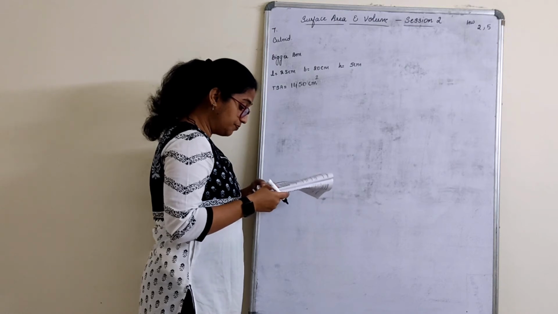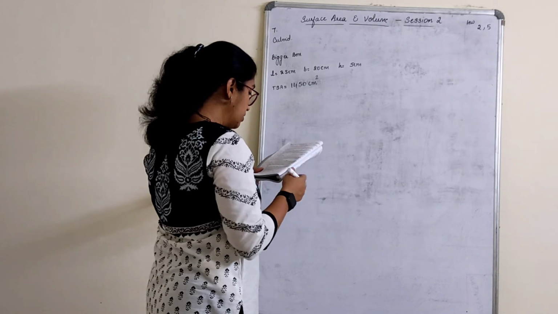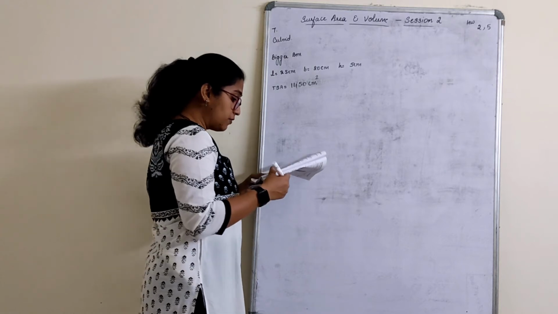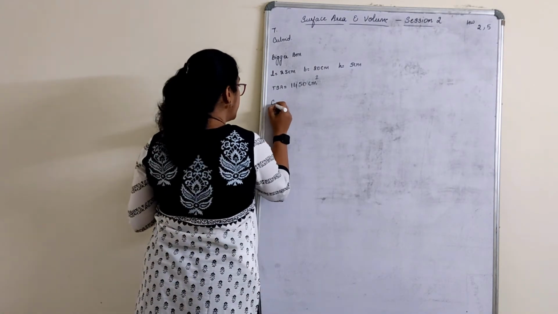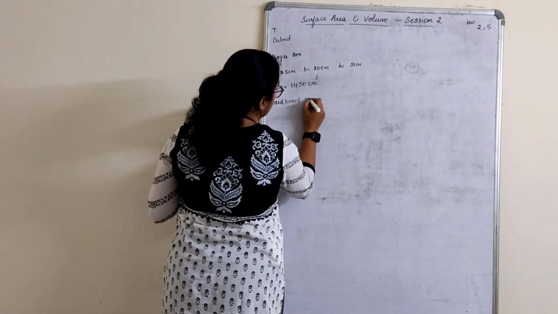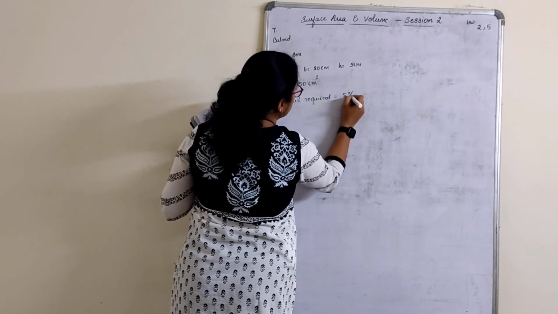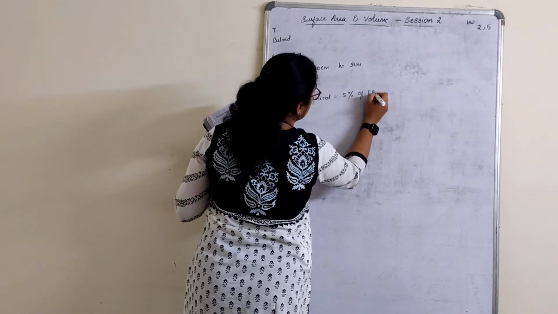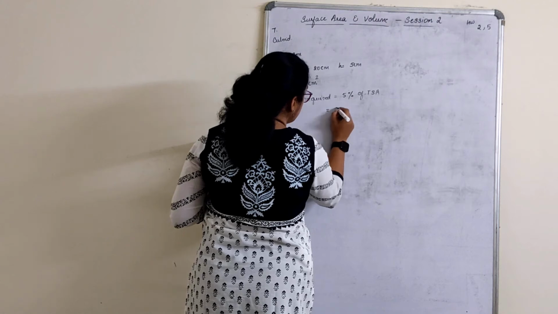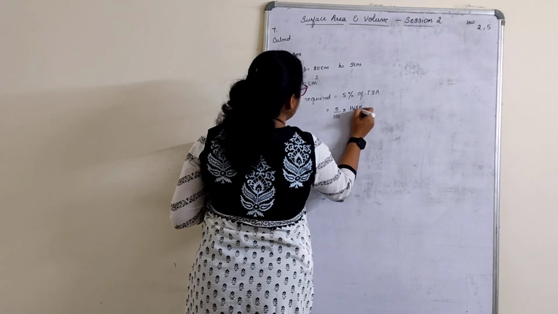Next part. What have they asked here now? For all these overlaps, 5% of the total surface area is required. Cardboard required is equal to 5% of TSA. 5% of TSA means 5 by 100 into 1450.